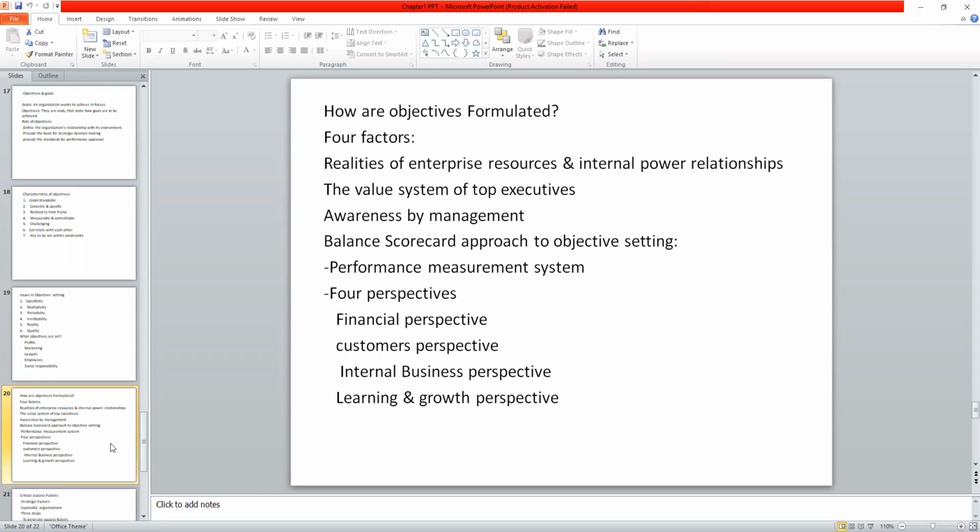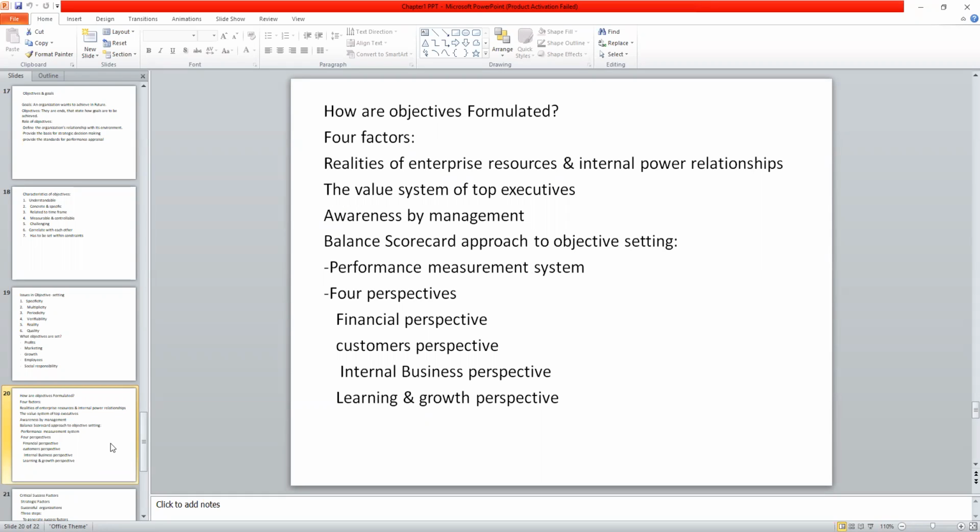The four perspectives were connected to each other in a cause and effect manner, where all the relationships with reference to strategic objectives and intent could be easily understood or mapped.